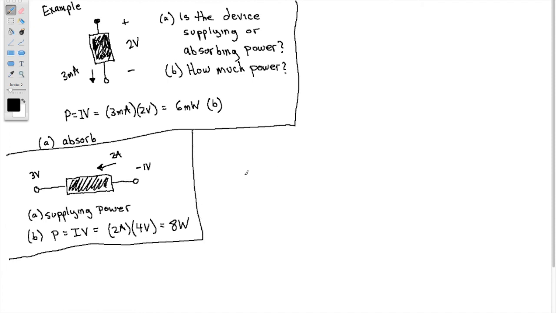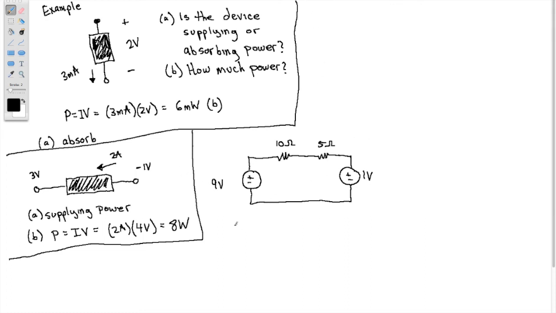Alright, let's take another, more concrete example. Let's say we have a 9-volt battery here, and we have a 10 ohm resistor here, and a 5 ohm resistor here. And we'll say a 1-volt source there. Okay, question.